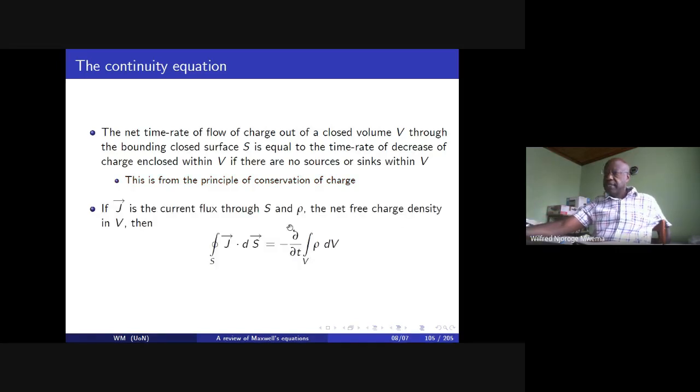And we can see that if we say that J, the conduction current density, is the current flux through S, and rho is the net free charge density inside V, then if we take the closed surface integral of the current flux, where flux is per unit area, per unit time, we get it equal to minus d/dt of the integral over V of rho dV, so to speak.